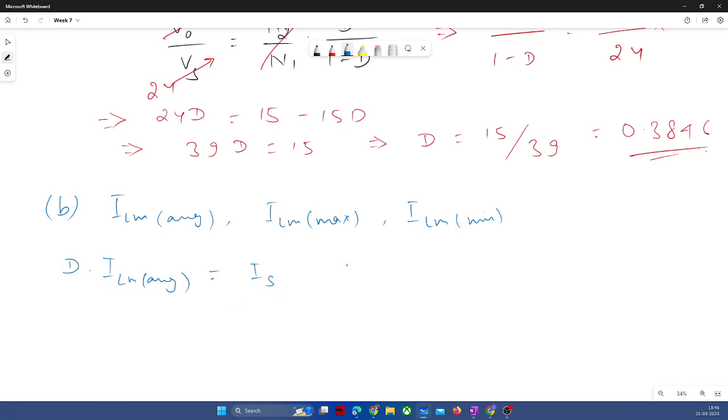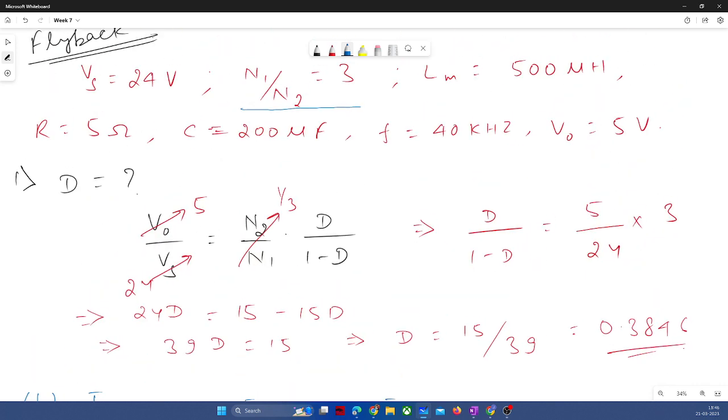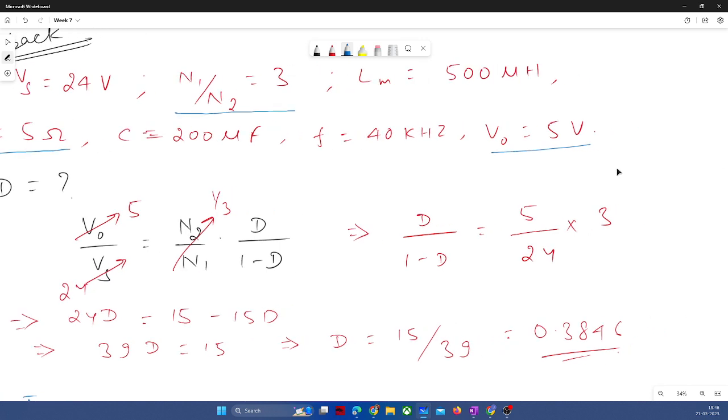So V naught by Vs is given as 5 by 24, and I naught we can compute from the given data, V naught by R, that will be 1.